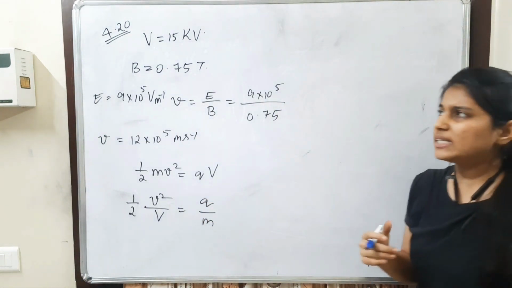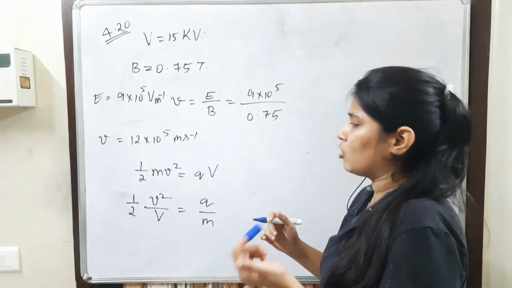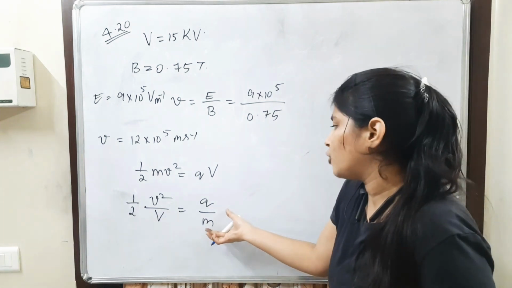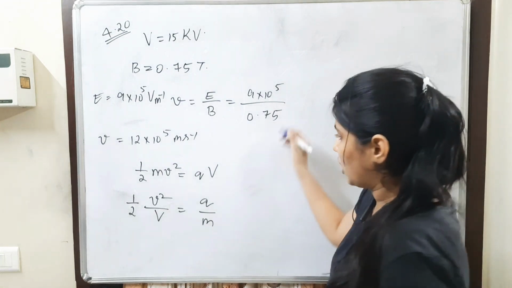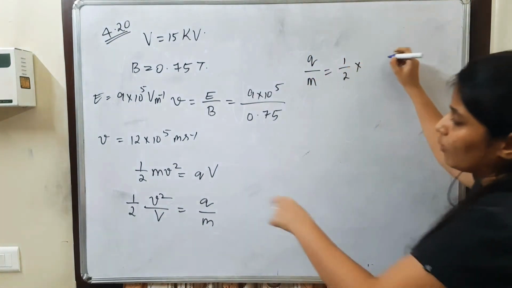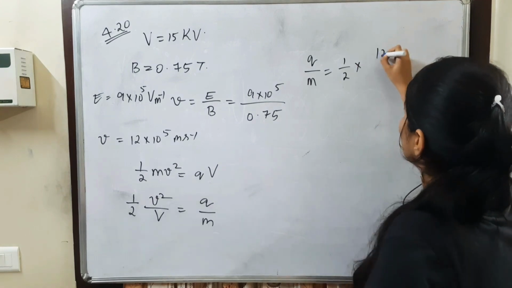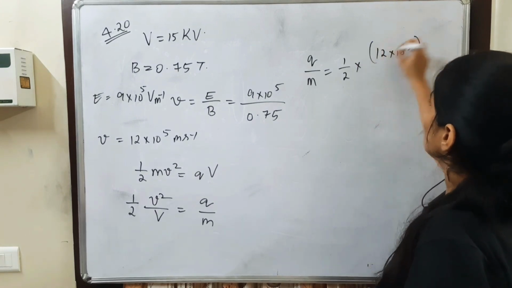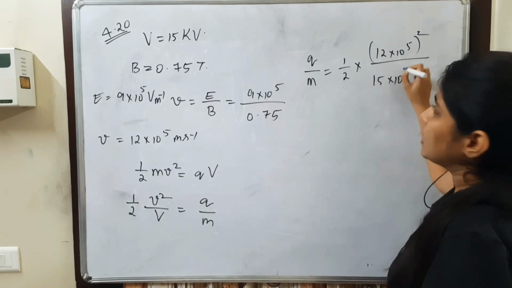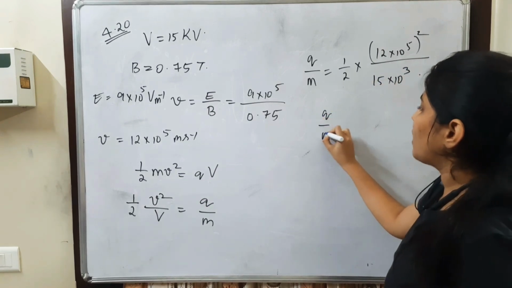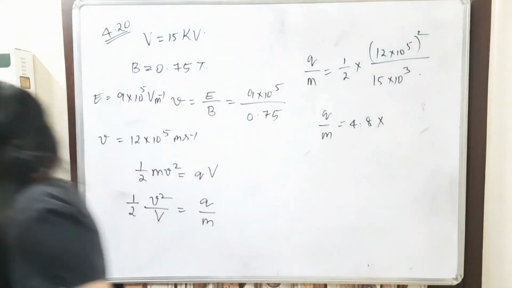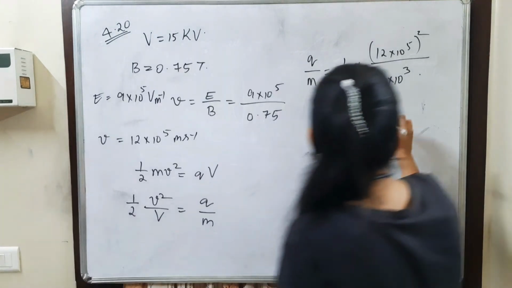You can easily guess the particle, or there are some certain properties for a particular charge by mass ratio. Okay, so you have q by m, that is equal to half into, what is v square? So v square is this 12 into 10 power 5 the whole square divided by potential, that is 15 into 10 to the power 3. So the charge by mass ratio you are getting 4.8 into 10 power 7 coulomb per kg.